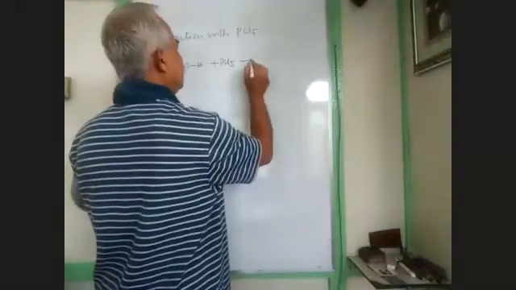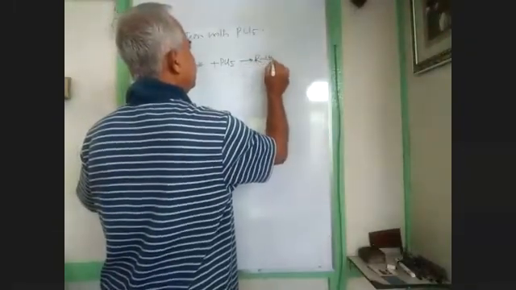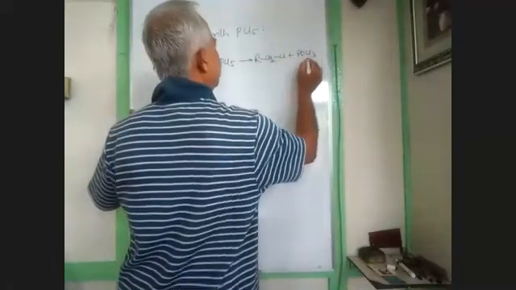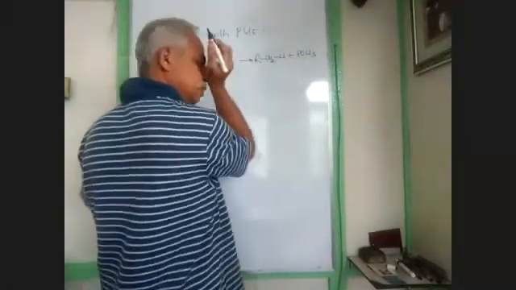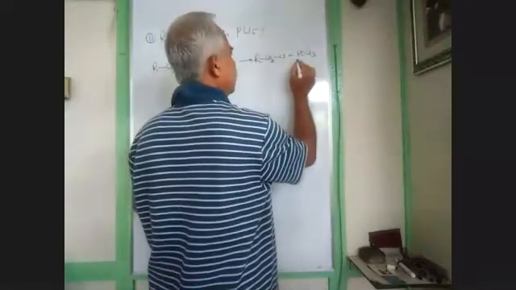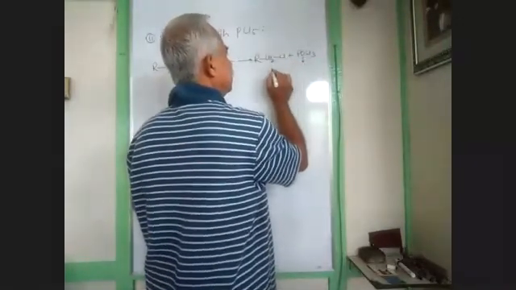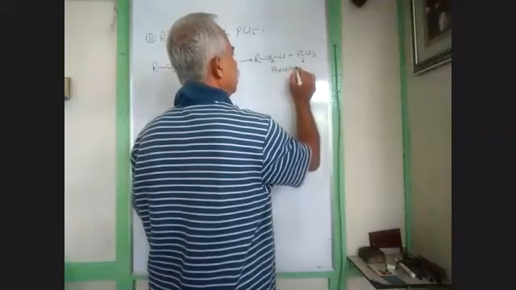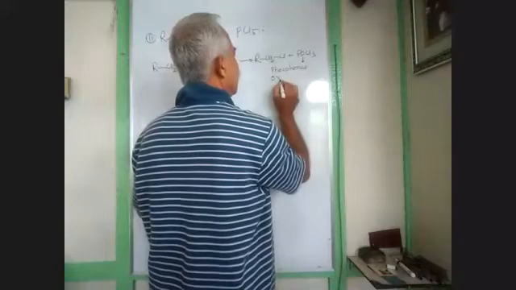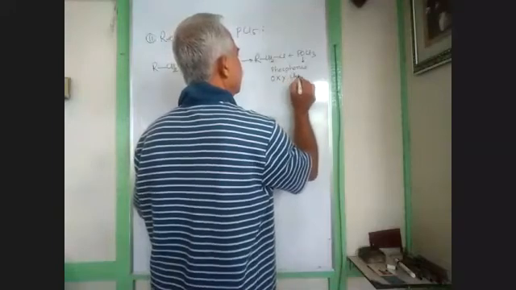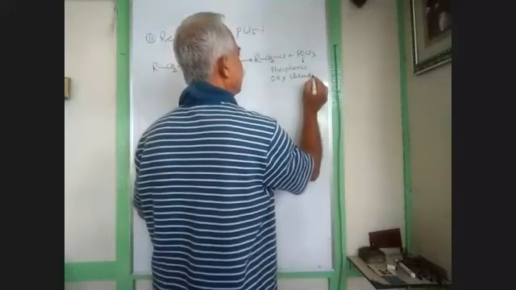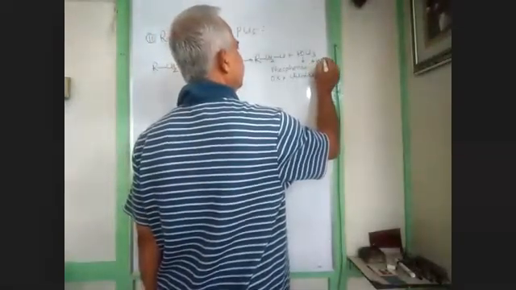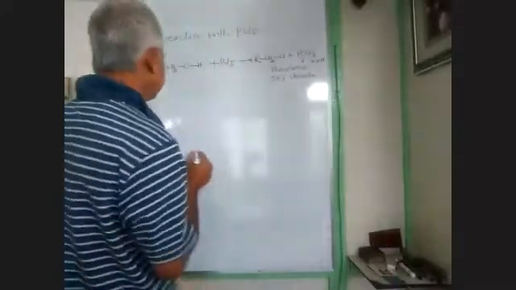It will give you RCH2Cl, POCl3. I'll write down the name of this one. Name is phosphorus oxychloride. Plus you'll get HCl.